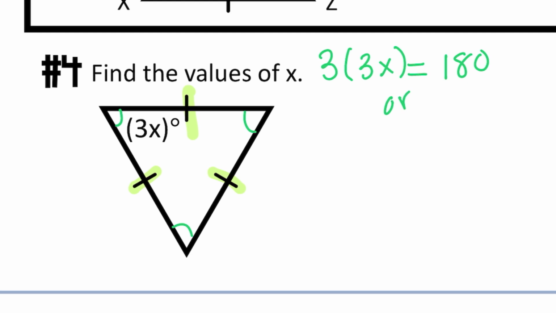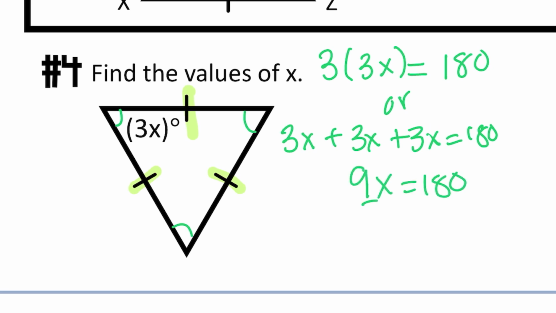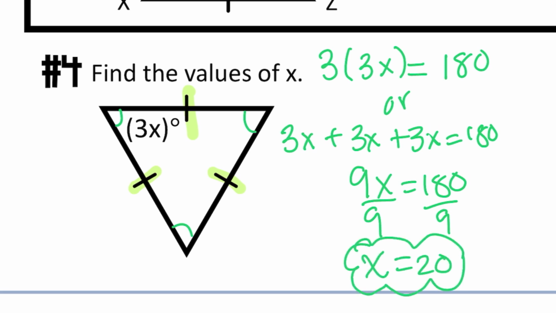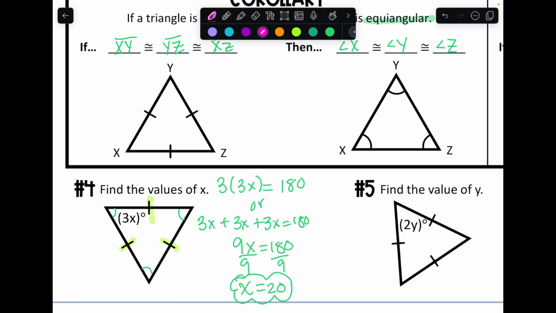You also could have written it out the long way: 3x plus 3x plus 3x equals 180. Pick one of those 2 ways and solve it. So that's one way to solve it.